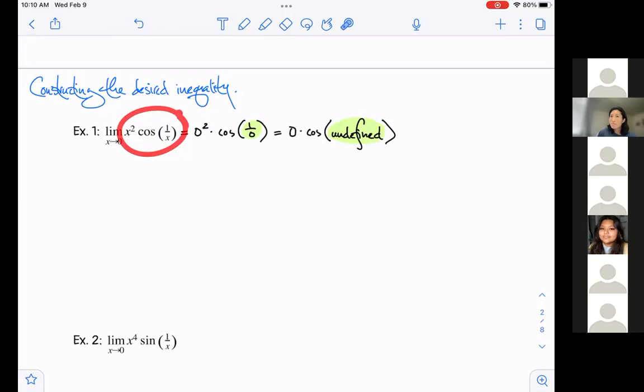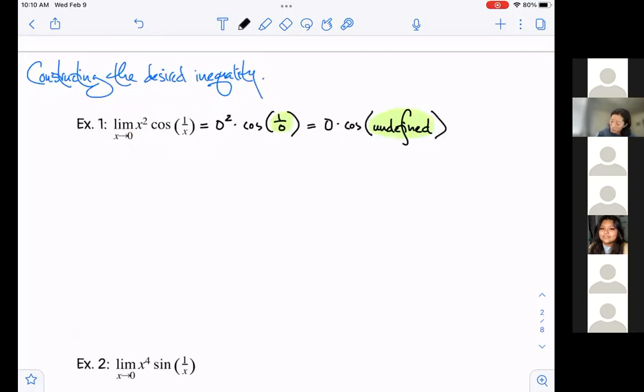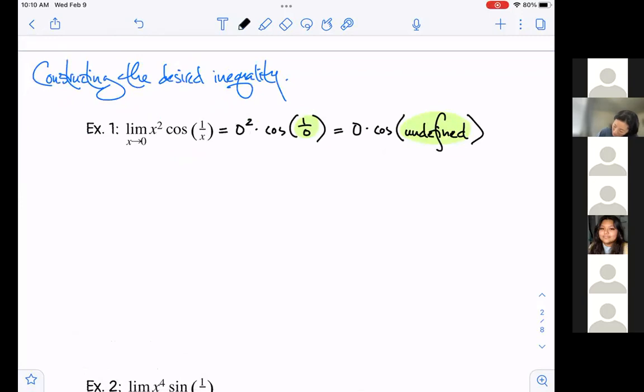So none of the methods that we've used so far would actually be helpful in this case. And so what we're going to do is think about creating or constructing this desired inequality, okay? And so here's where we are going to start. What do we know is true? Okay, what do we know is true?